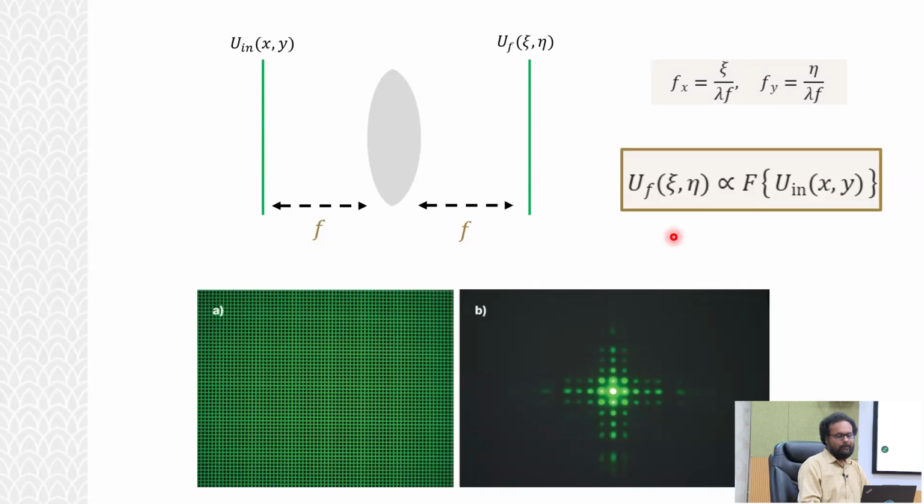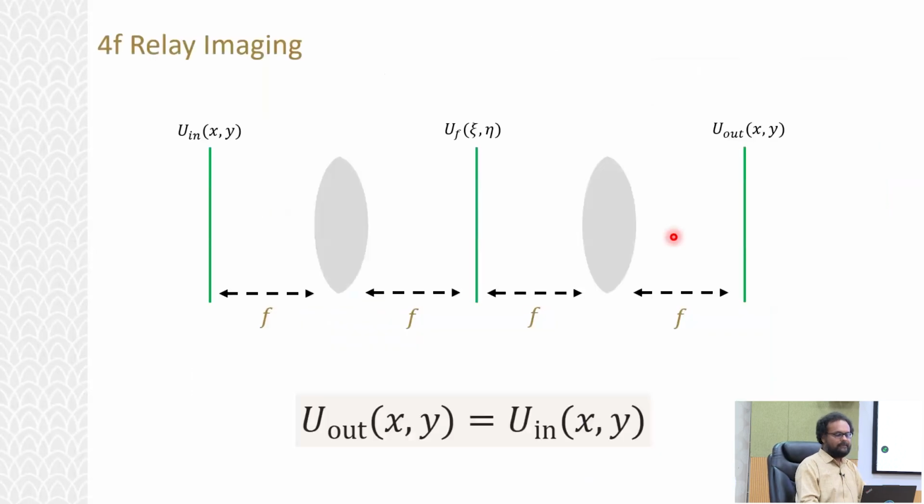Now let's say I go to a situation where I repeat this with another lens. What I have now is, with this lens, I will do an inverse Fourier transform of what? Of this field that I have Fourier transformed from here, this pattern, the distribution.